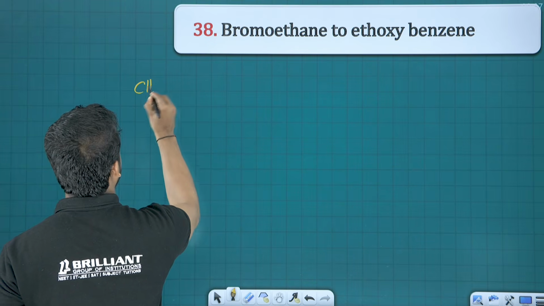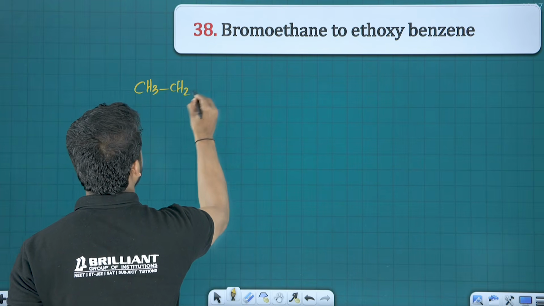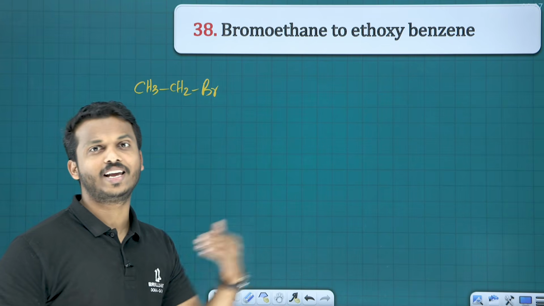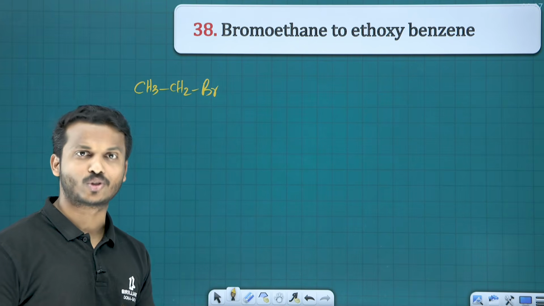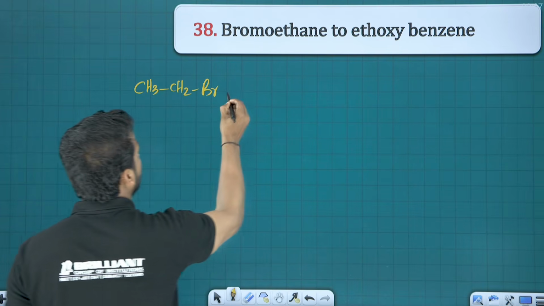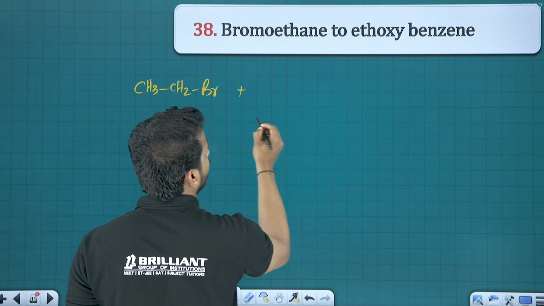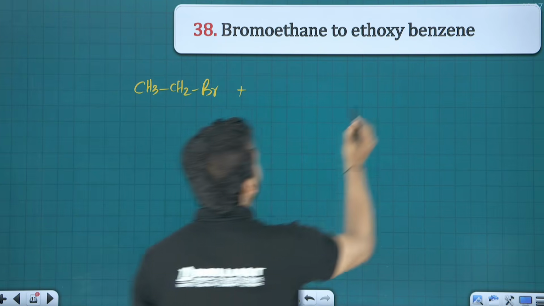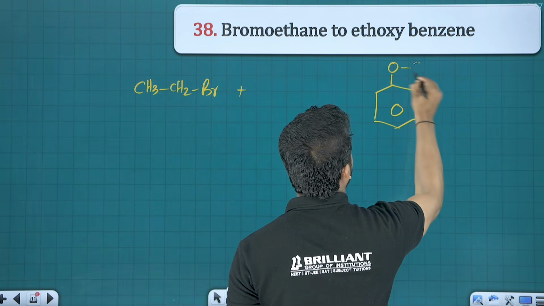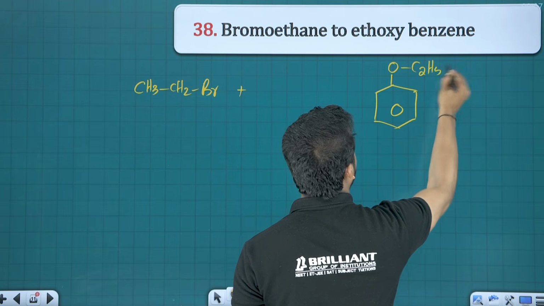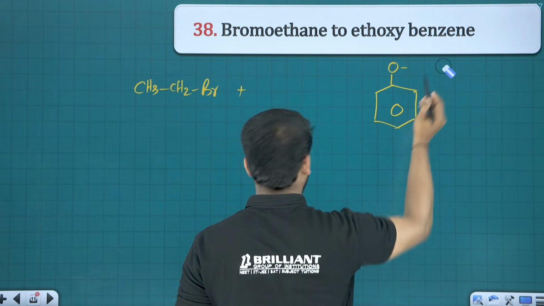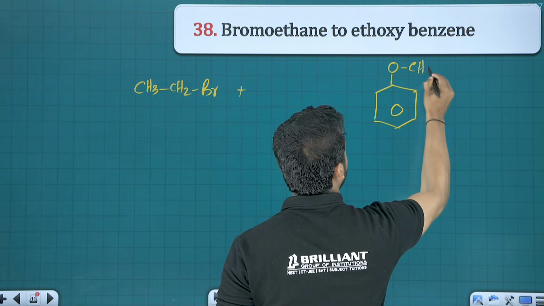Next question, bromoethane to ethoxybenzene. Ethoxybenzene, that's also an ether, an aromatic ether. So the ethyl group is already there. What do we have to use? What is the ethoxybenzene formula? Benzene with O and C2H5, or CH3CH2. That's already here, right? So CH2, CH3.